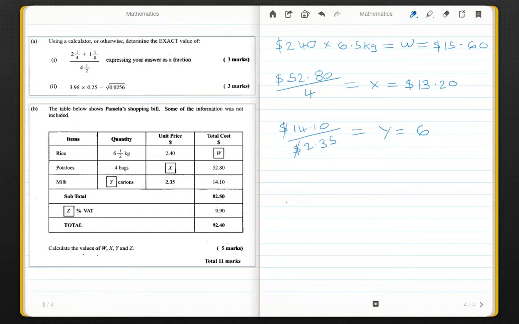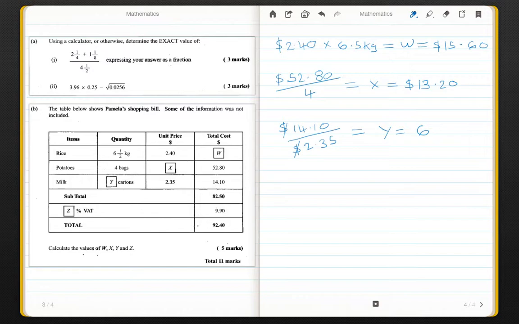Last but not least, we want to calculate the VAT, which is denoted by Z. So to work out the VAT, we can see that we have a value here which is $9.90. We have a total cost, we have a cost of the items, we have the VAT, and then we have now the total cost of everything.